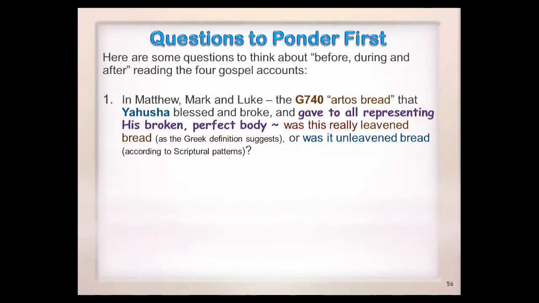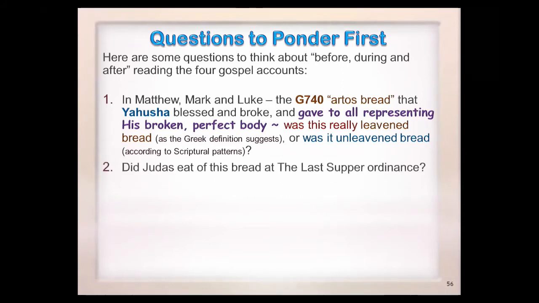There are some questions to ponder before we look at that sop. We need to think about it before, during, and after reading these four Gospels. In Matthew, Mark, and Luke, that artos bread that Yahusha blessed and broke and gave to all, representing his broken and perfect body, was this really leavened bread, like the Greek definition suggests, or was it unleavened bread, according to scriptural patterns?